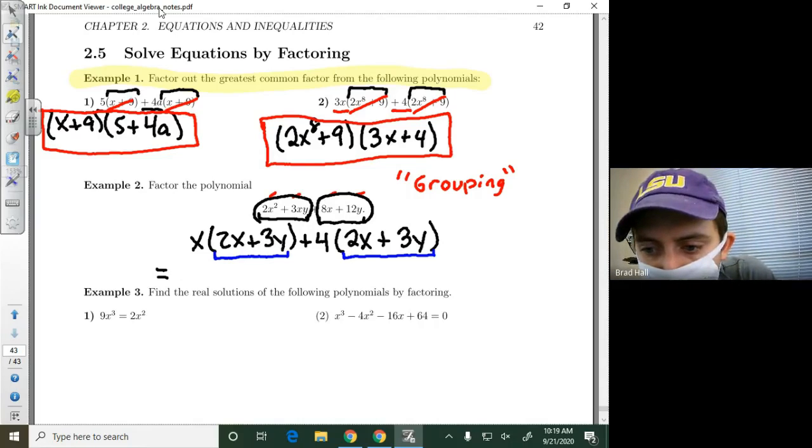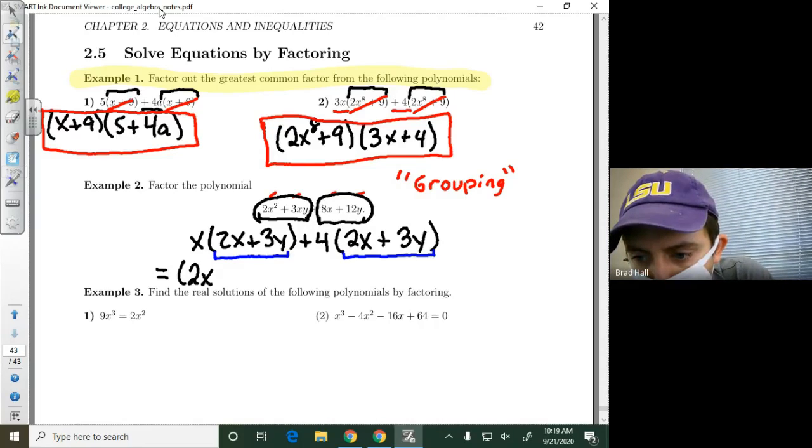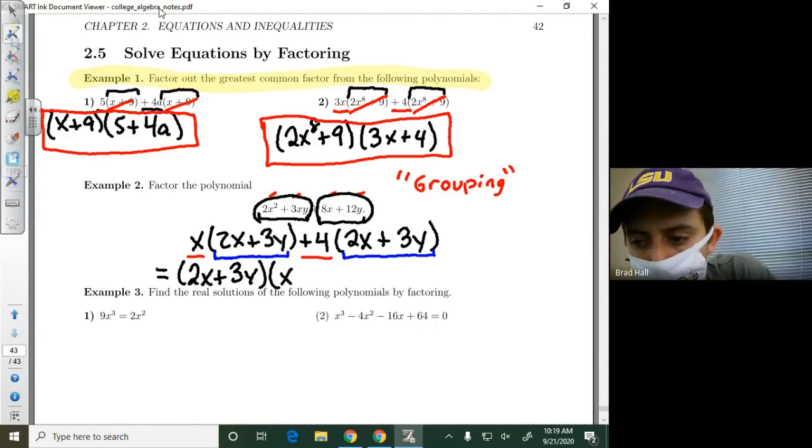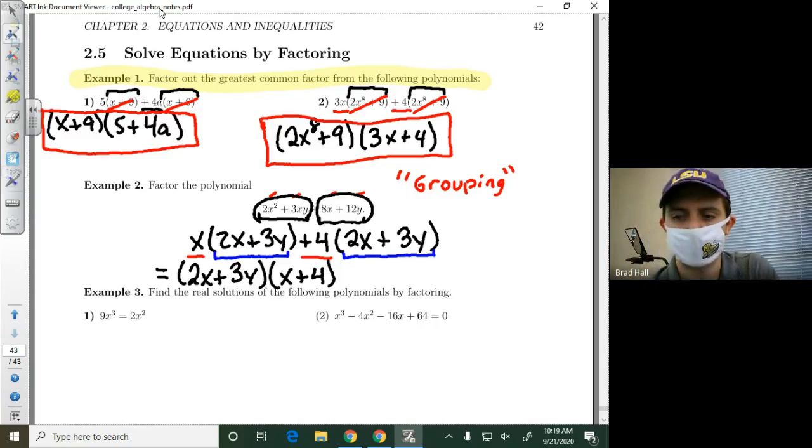So what's the repeating part? It's 2x plus 3y. And then what's left over? x plus 4. And that's it. So just taking this one step further. And that would be your answer right there.